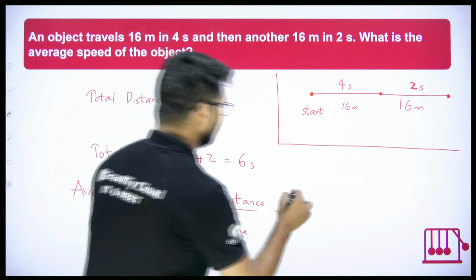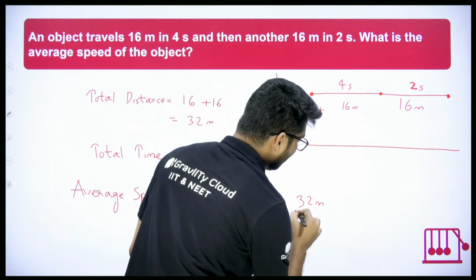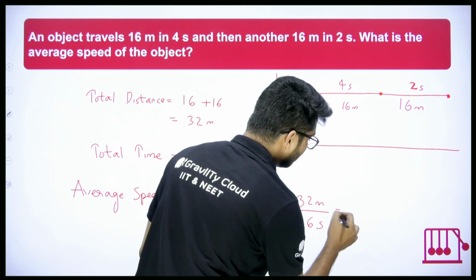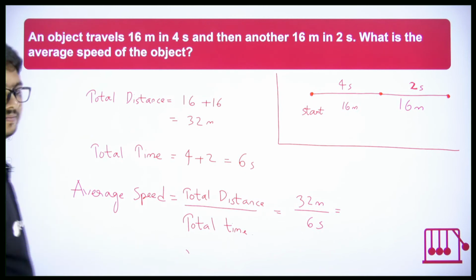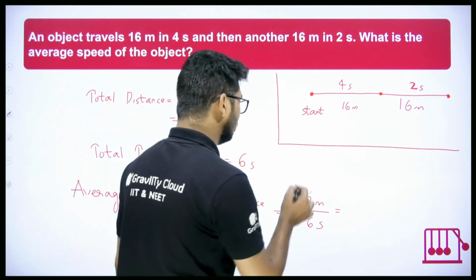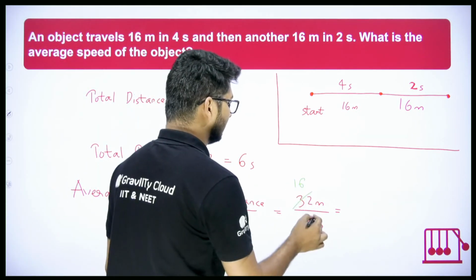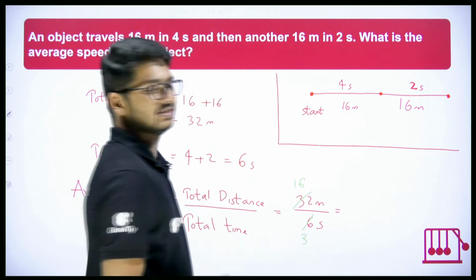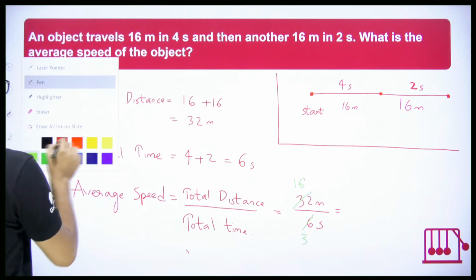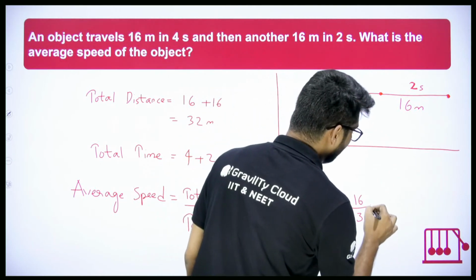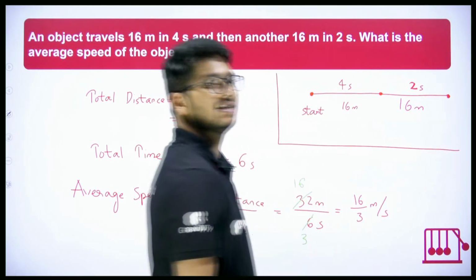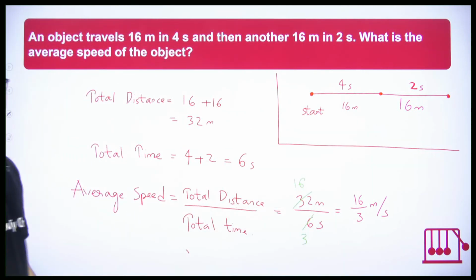What is total time? 6 seconds. So 32 meters upon 6 seconds. That's it. You need not worry about anything else. 2 times 16 is 32, 2 times 3 is 6. So it is 16 by 3 meters per second. That is the answer.